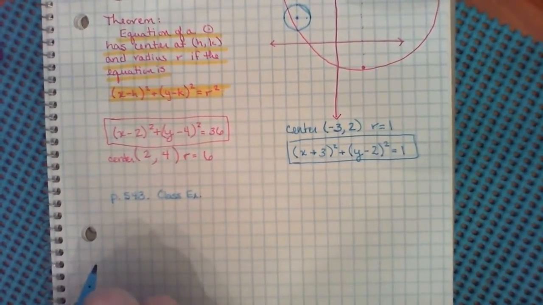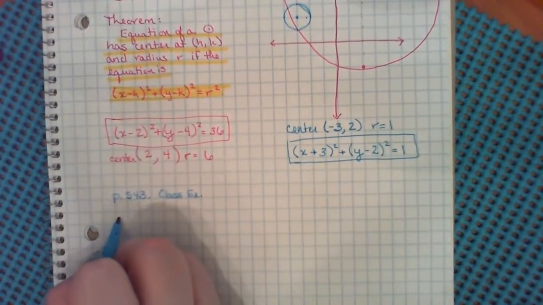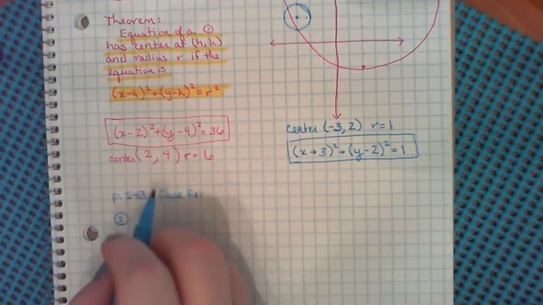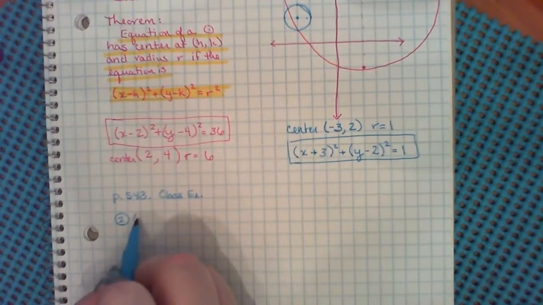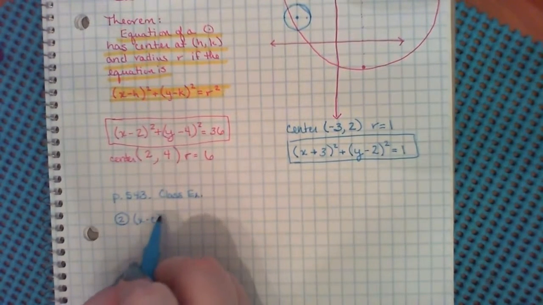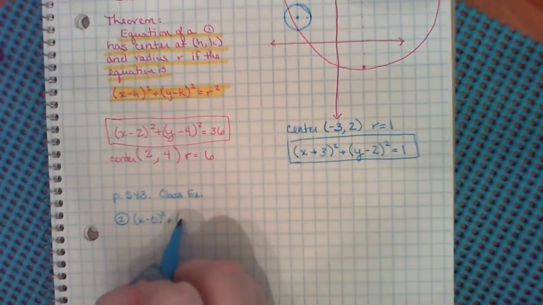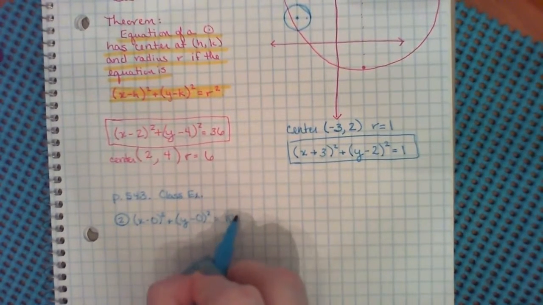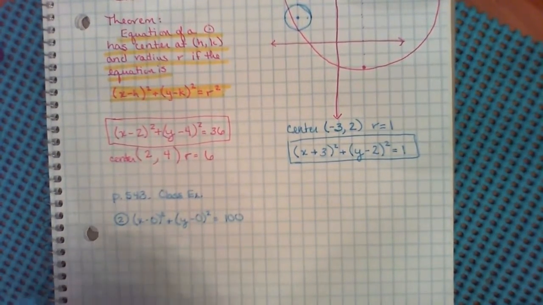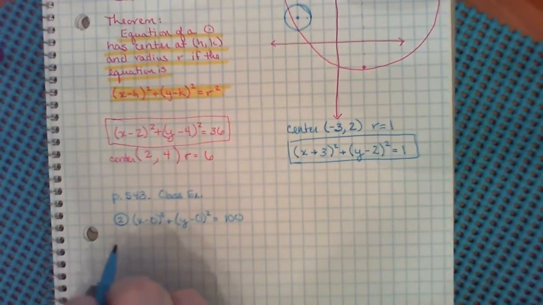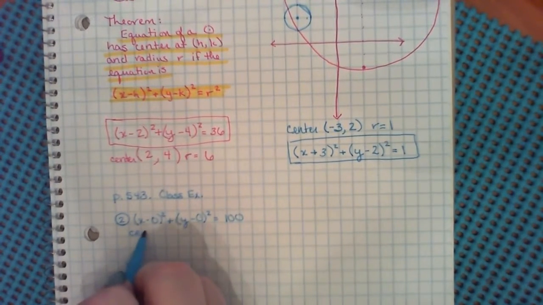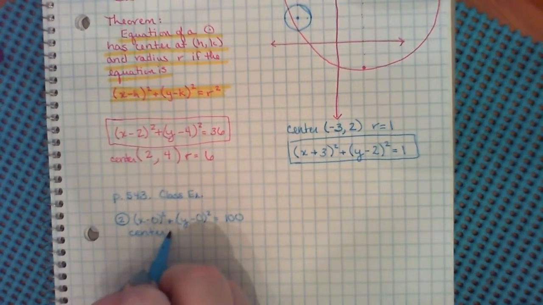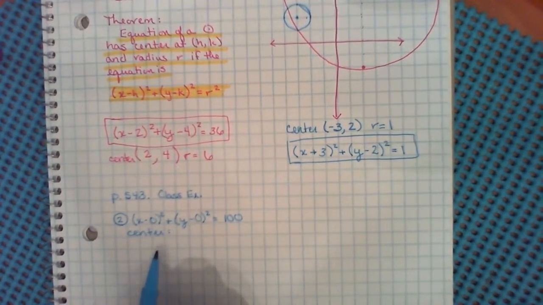Number 2 says (x minus 0) squared plus (y minus 0) squared is equal to 100. They want to know what the center is.